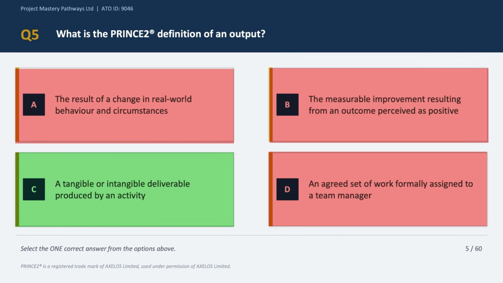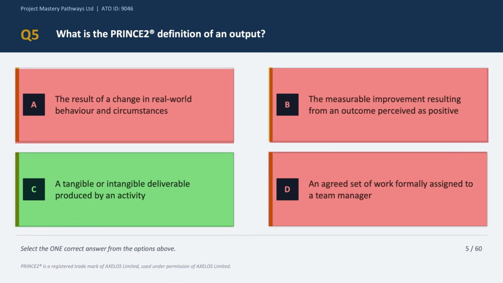Because the job of a project is to generate an output. Now we really want that someone uses that output as the project benefits realization, but in terms of the definition of an output, the definition goes as option C, which is a tangible or intangible deliverable produced by an activity.